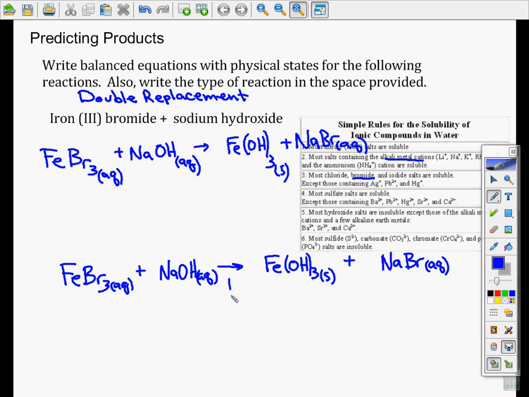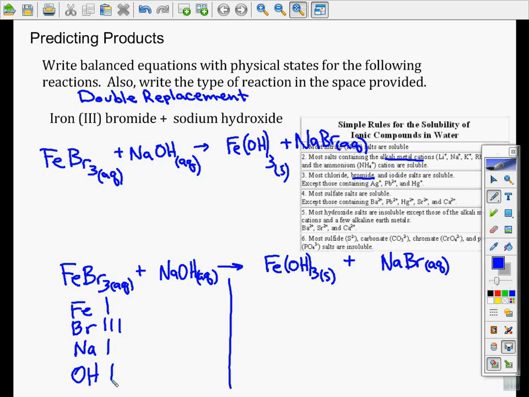So now what we want to do, we want to find out how we balance this. So on both sides we have iron, we have bromine, sodium, and hydroxides. So let's tally them up. 1 iron over here, 3 bromines. On the reactant side, we have 1 sodium and 1 hydroxide.